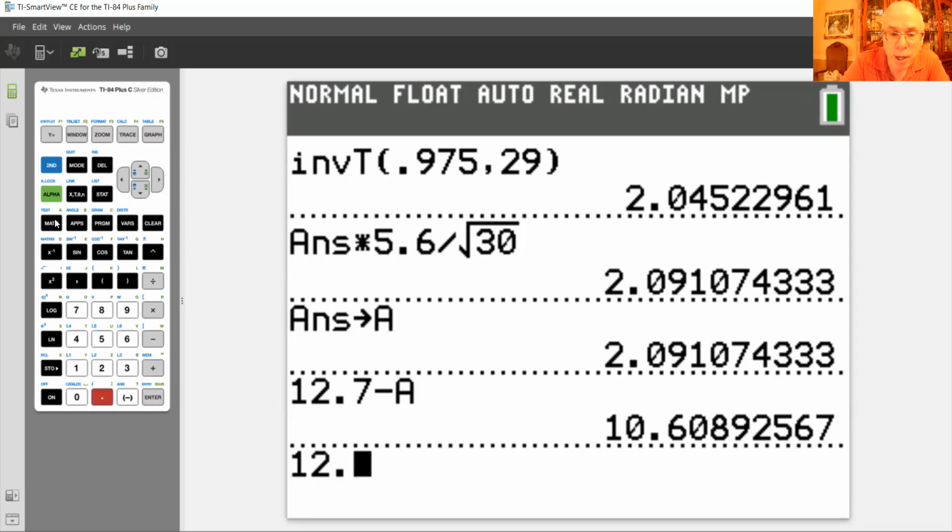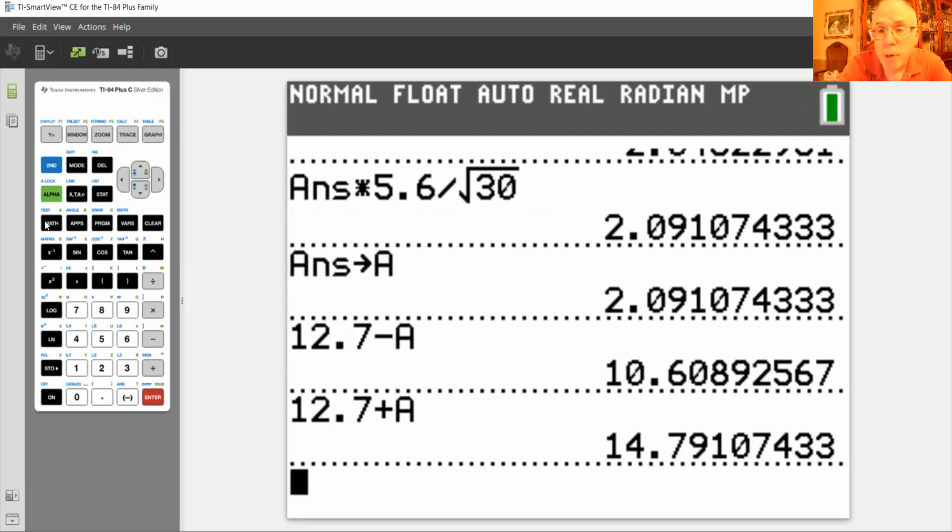Then I do 12.7 plus alpha A, hit enter, and there is my upper end of the confidence interval. If I round to 3 decimal places, the lower end is 10.609, and the upper end of the interval is 14.791.